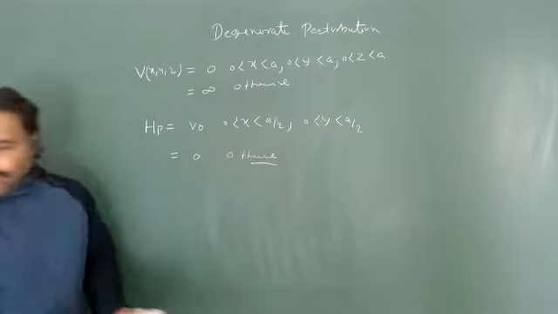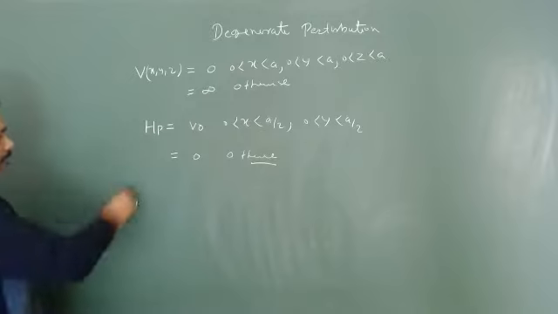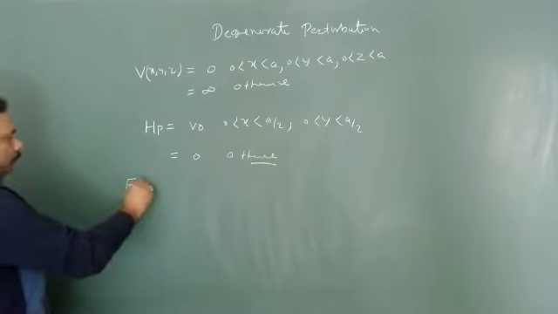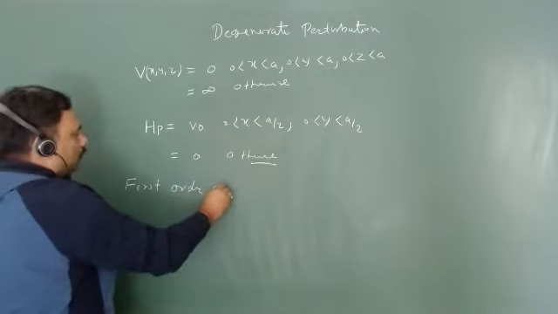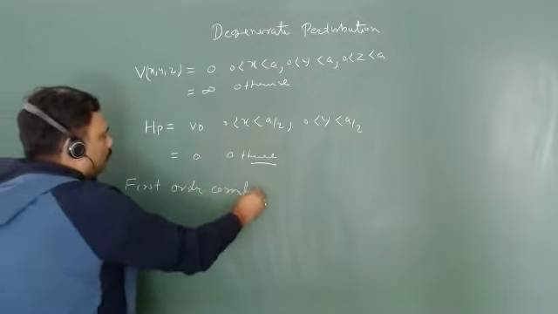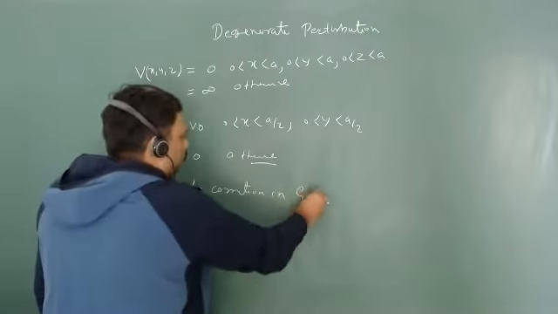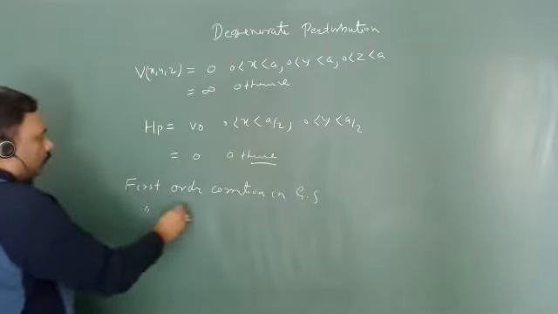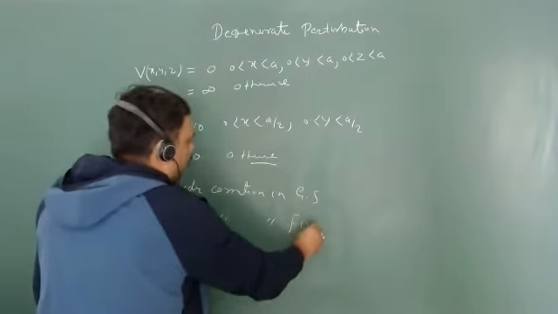So this is our perturbation. We have to calculate the first order correction in the ground state, and we have to go for the first order correction in the first excited state.